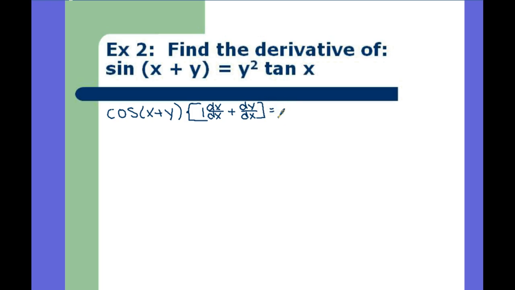Equals, product rule. y squared, secant squared x, plus 2y tan x dy/dx. So first times the derivative of the second plus second times the derivative of the first.